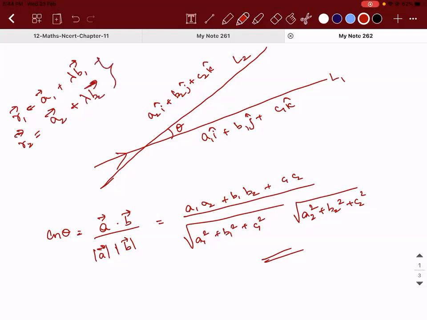This is the general form of a line, like how you say ax plus by plus c is equal to 0 in two-dimensional coordinates; in vector form, these are the general equations of a line. If these two lines are given to you, answer my question clearly: out of A1 and B1, who will decide the direction ratios of that particular line?